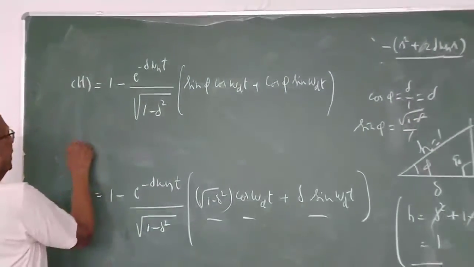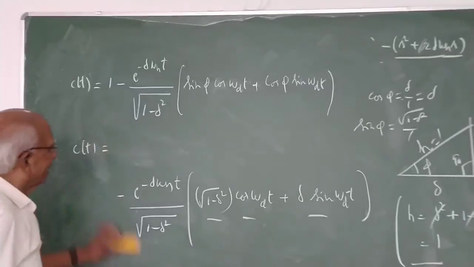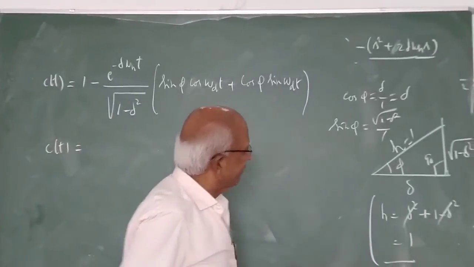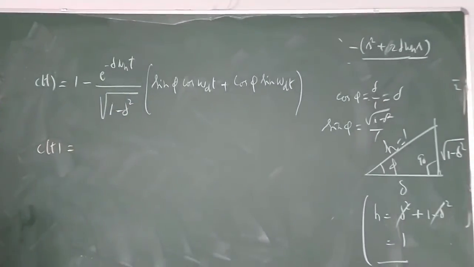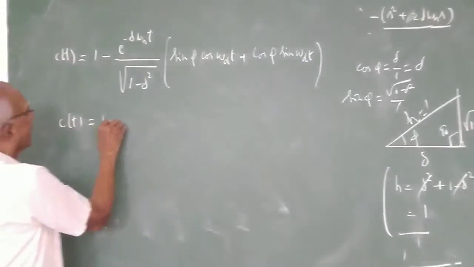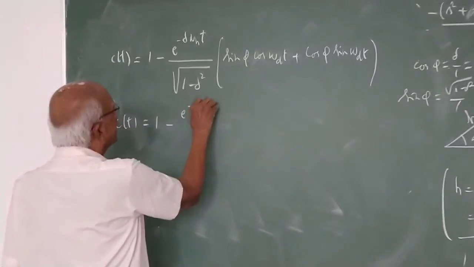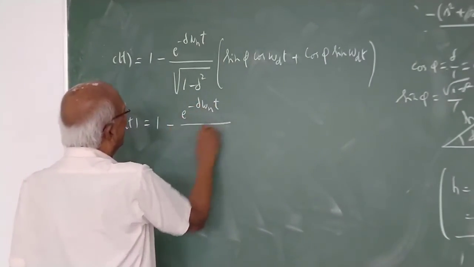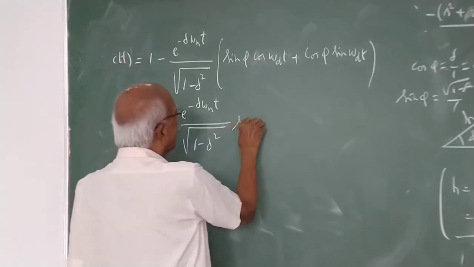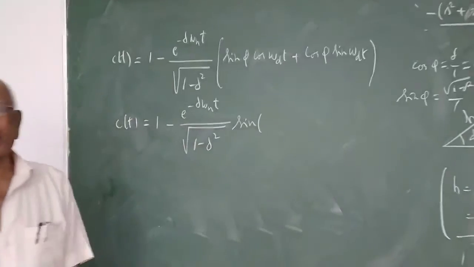Lastly, to finalize the final form of the answer, for derivation purpose, derive the expression for the unit step response of a second order system means go like this, and finally you write like this, e to the power of minus delta omega n t divided by root of 1 minus delta square sin, you always write omega t plus something, isn't it?